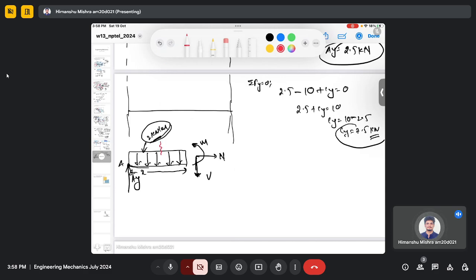As we discussed, it's usually the area of this distribution, so basically it is 2x. This is the magnitude of the equivalent point load, and to find its location, it's usually the centroid of this distribution. It resembles a rectangle, which means the centroid will be d by 2, which is x by 2.